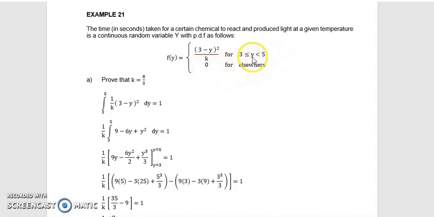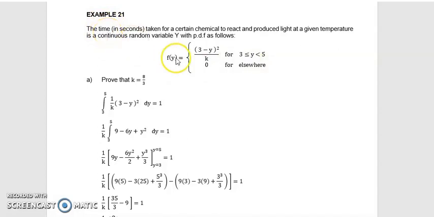It means that if y is not in this interval, the probability will be 0. For example, if y equals 7, then the probability will be 0. Note that our variable here is the continuous variable, the time.